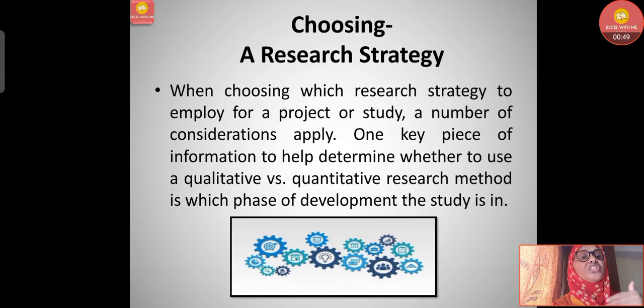When choosing which research strategy to employ for a project or study, a number of considerations apply. A number of things will be there in the mind. What kind of study you want to do, what is the project, what are the things we need to consider by doing this research. All these things are very important.